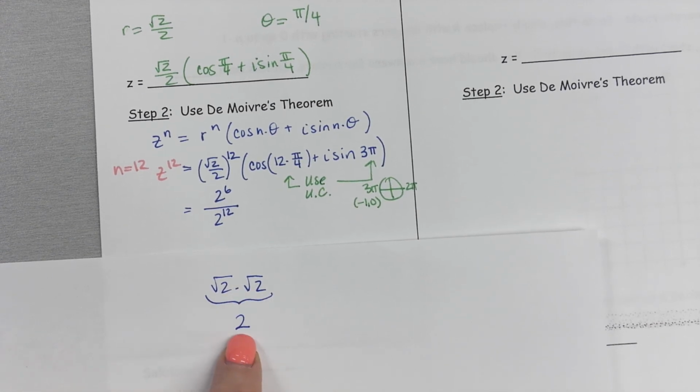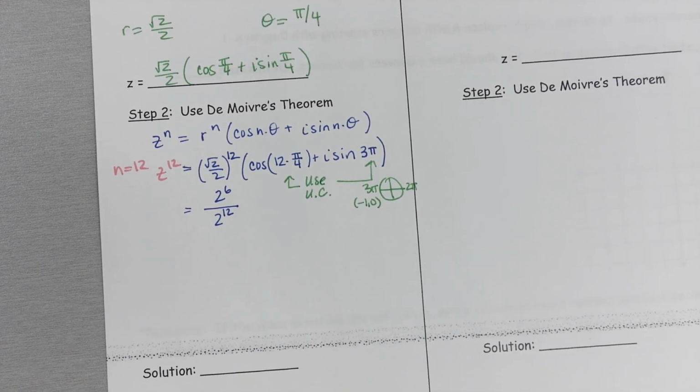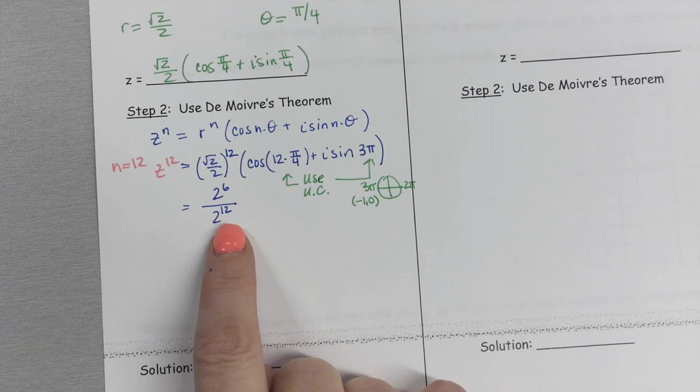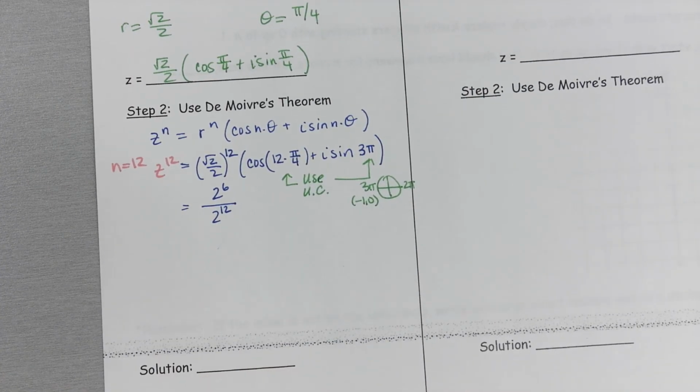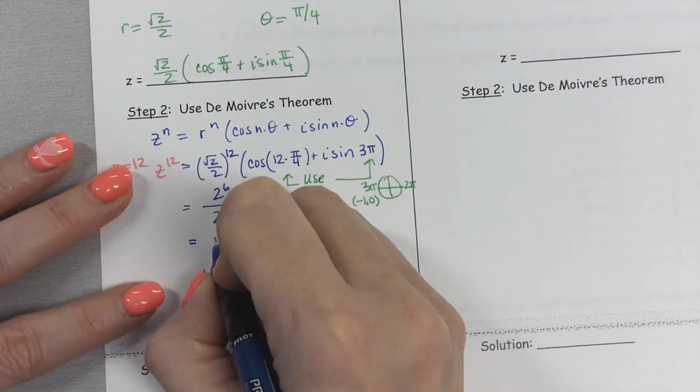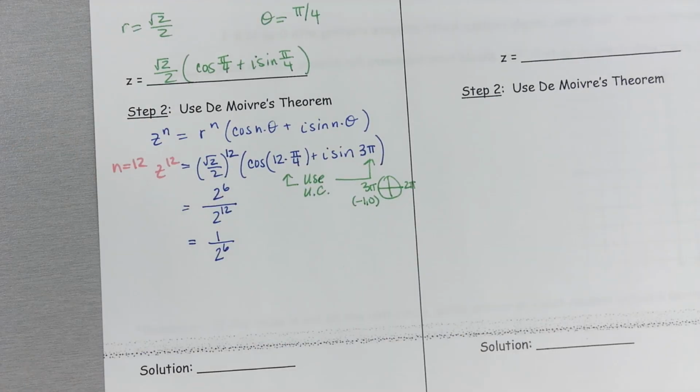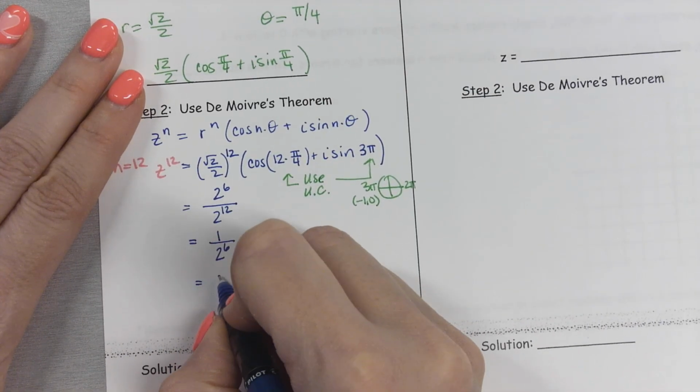For every pair, it's a 2. And then when you have exponents, what can you do if you have the same base? Subtract. So it's a -6, which means you have 1 over 2 to the 6. Okay, and 1 over, what's 2 to the 5th? 32. So 2 to the 6th is 64. So it's 1 over 64.